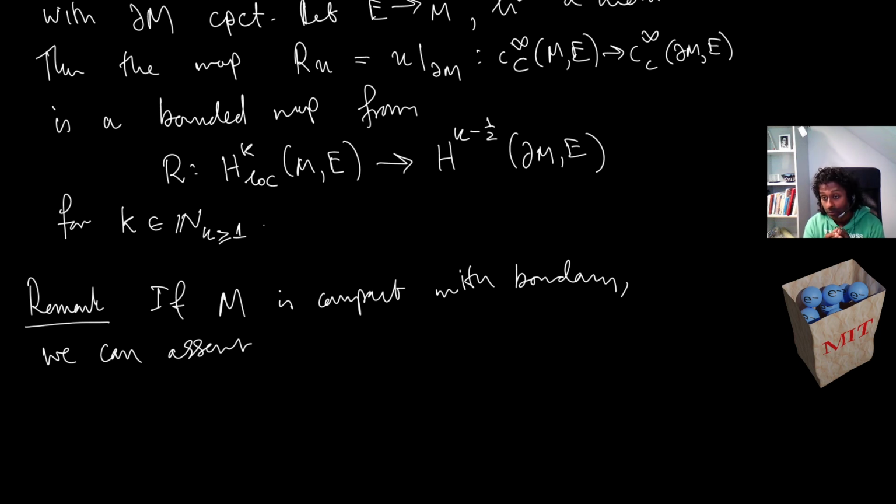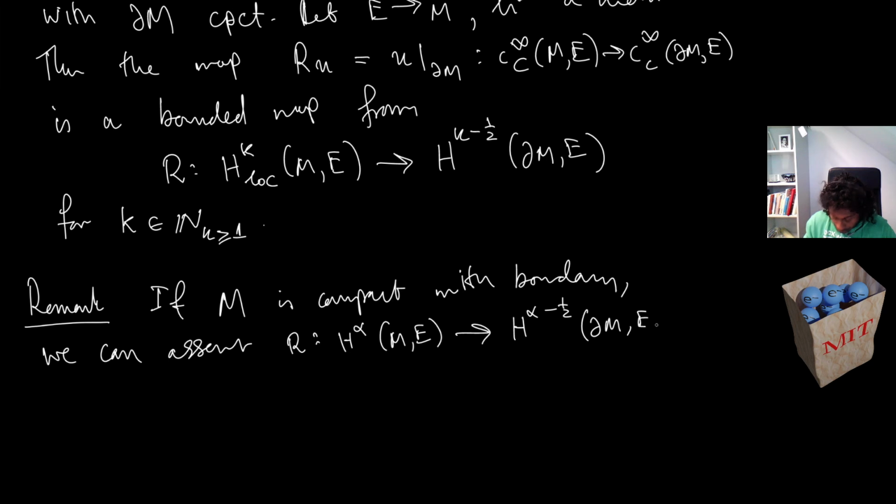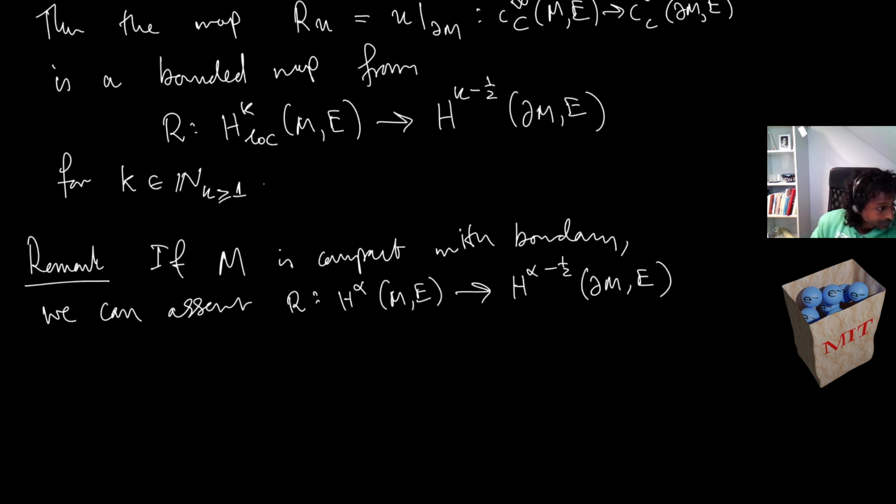So it's going to be the kernel of this map R. By considering integer k and through interpolation, because this is for all k, we can assert that R from H^alpha of M to H^(alpha minus a half) of the boundary of M is bounded for alpha greater than a half.